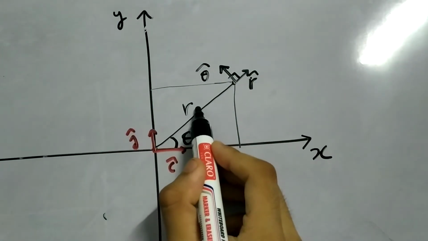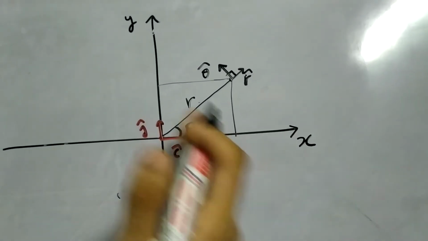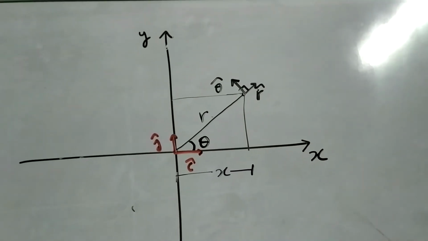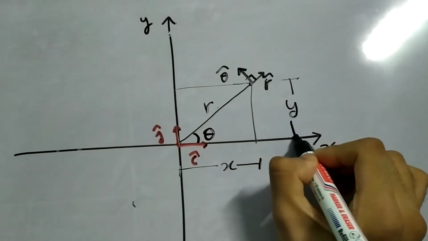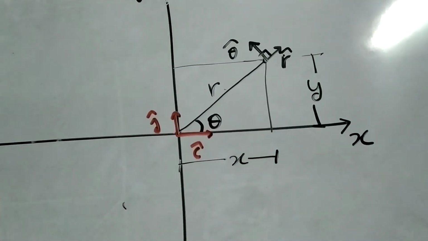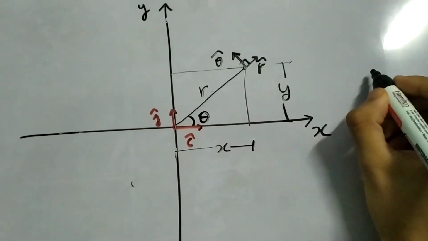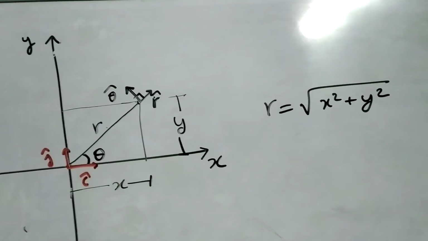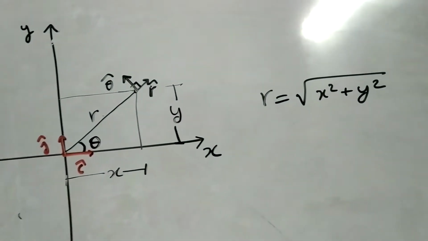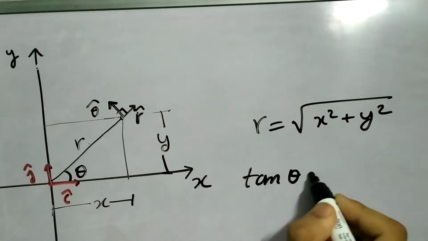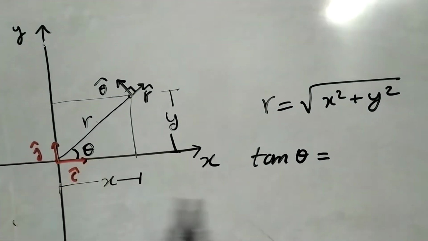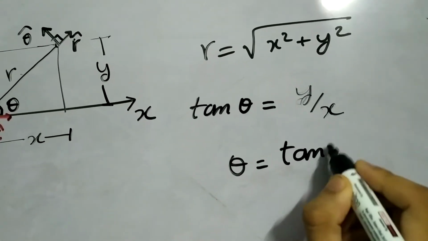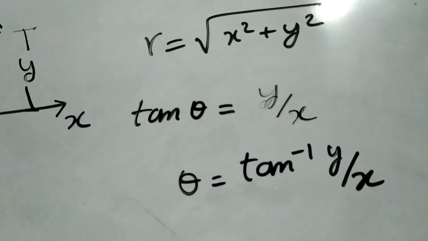Now how do we find r and theta when we are given some x and y? If this is our x part, and this is y, the point is (x, y), so this length is x, this length is y, and using the Pythagoras theorem we can simply state that r is root of x squared plus y squared. And tan theta is y by x, so theta will be tan inverse of y by x.